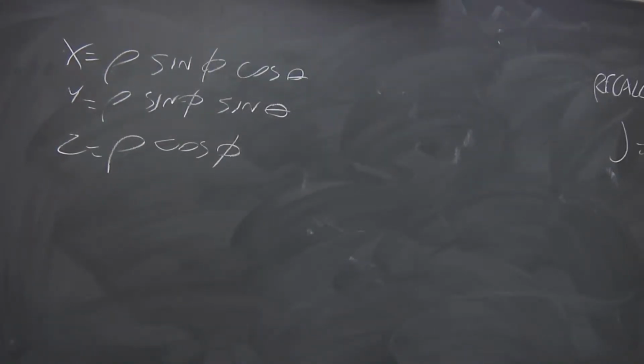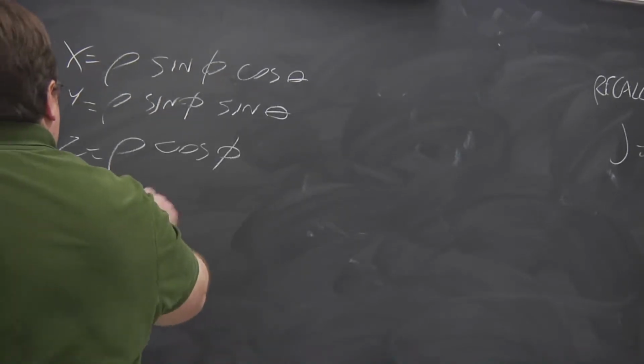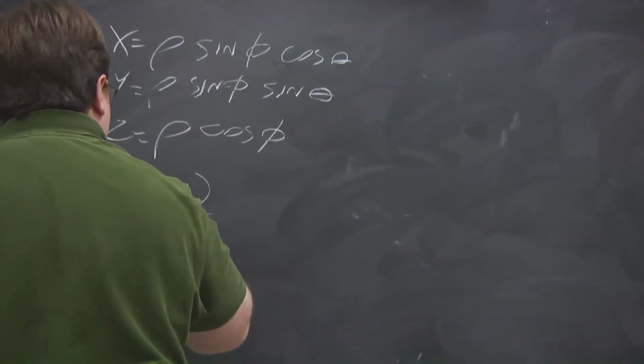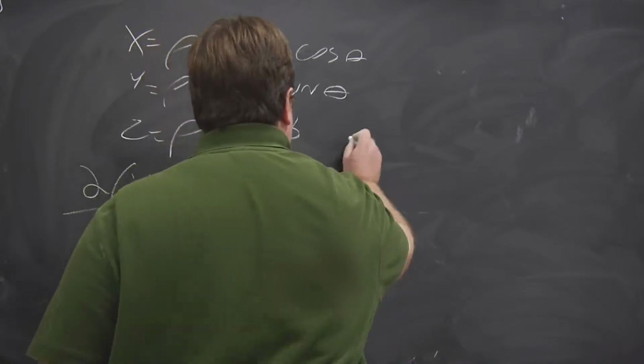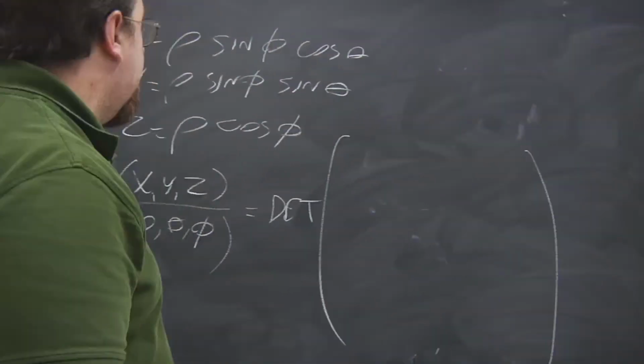So we'd like to compute the Jacobian of x, y, z with respect to rho, theta, and phi. That's going to be the determinant of this matrix.